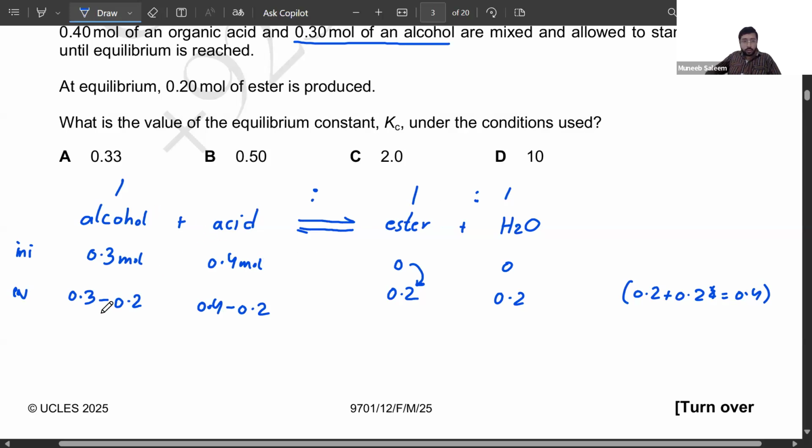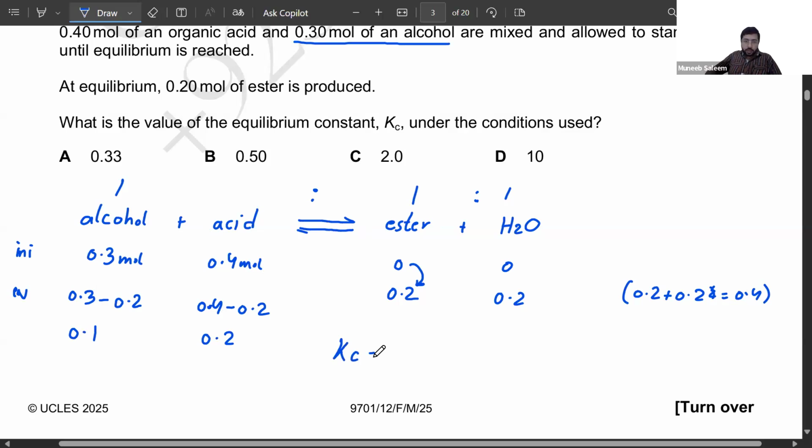So here the ratios are 1-to-1, so that's why we take only 1 mole of either the ester or the water. All right. Now, these are the values for the alcohol and the acid at equilibrium. So you just get 0.1 mole for the alcohol and 0.2 mole for the acid at equilibrium condition.